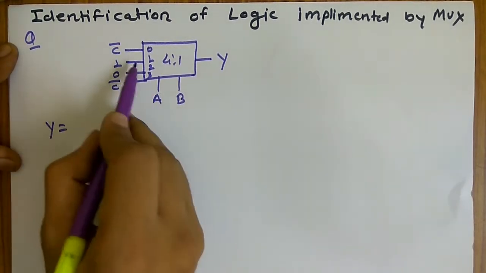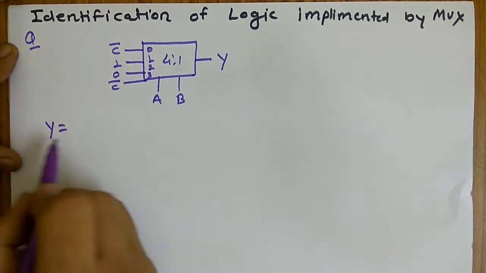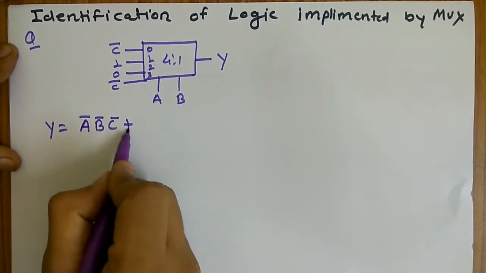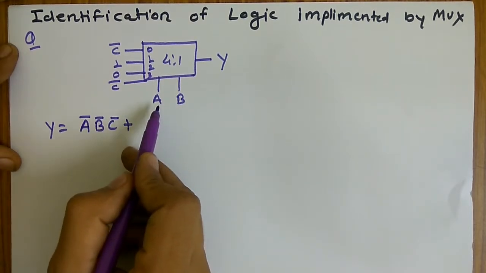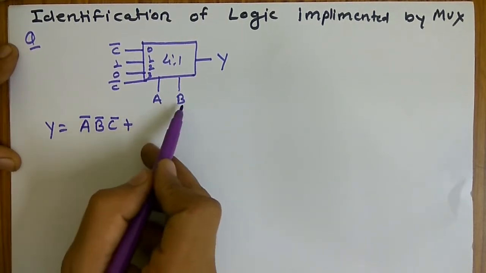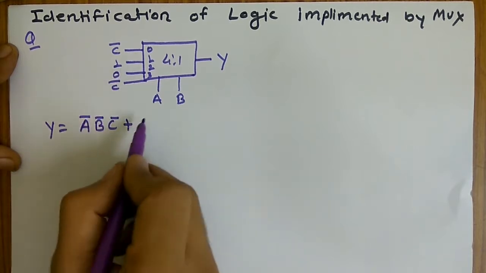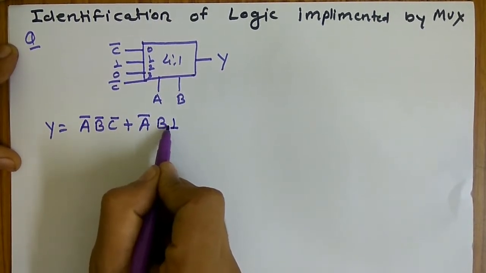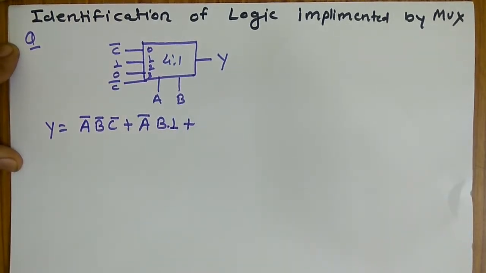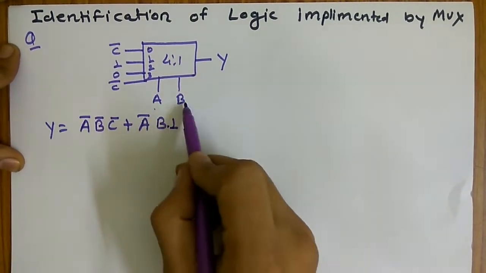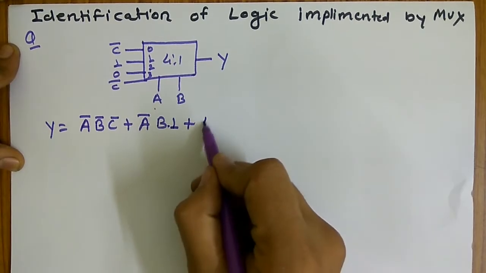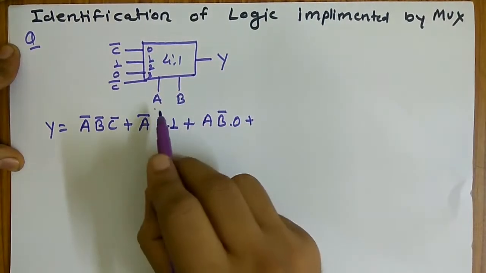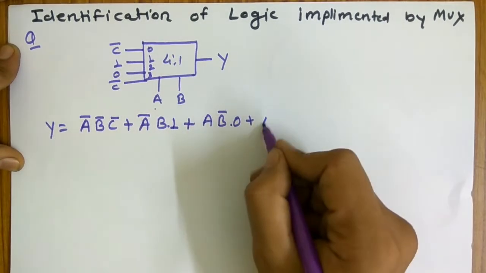So for 0, a bar b bar into c bar, plus a bar b into 1, plus a b bar into 0, plus a b into c bar.